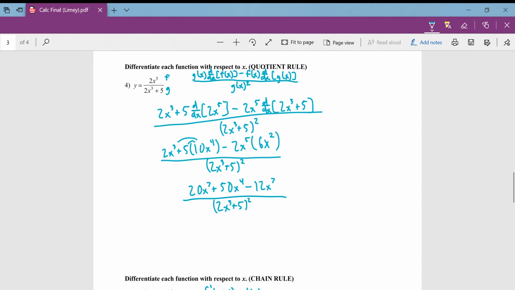And then since the 20 and the 12 share the same exponents, you could subtract and get 8x to the 7th plus 50x to the 4th. And then the denominator is just 4x to the 6th plus 20x to the 3rd plus 25. And that's your answer.